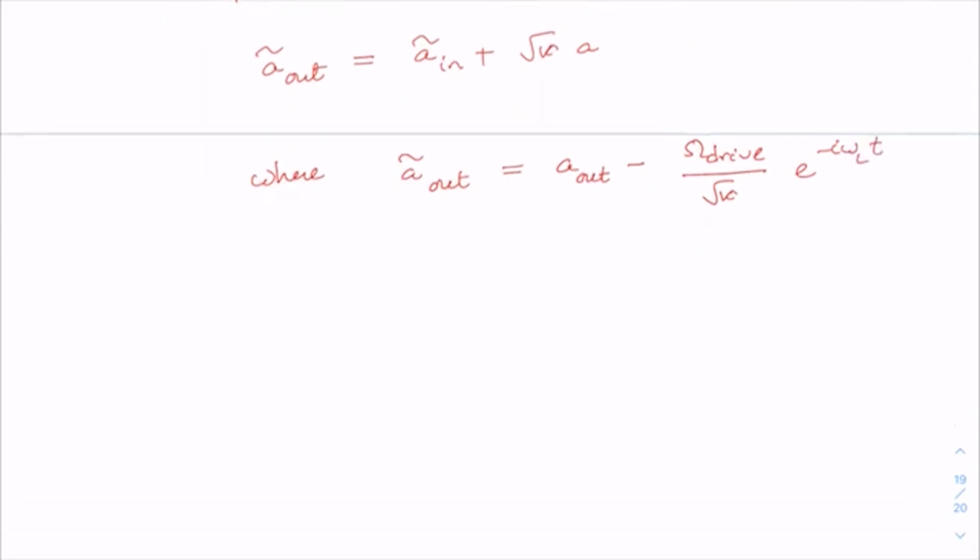If I take the Fourier transform of this relation, I will get it in the frequency domain as A tilde out of omega is equal to A tilde in of omega plus square root of kappa A of omega.